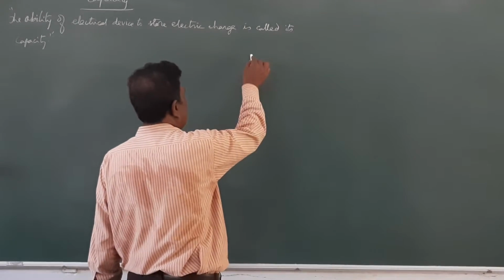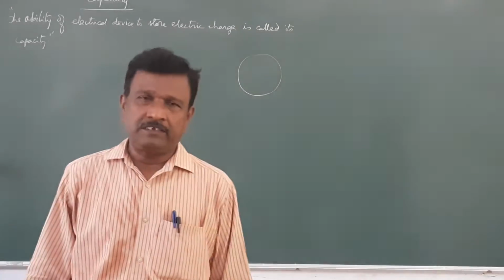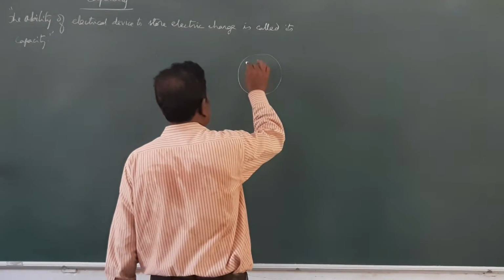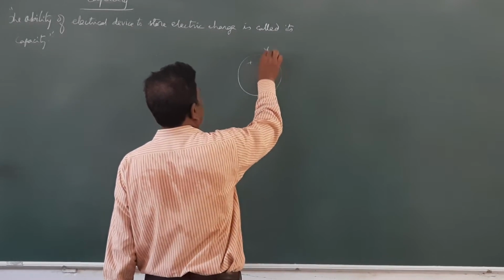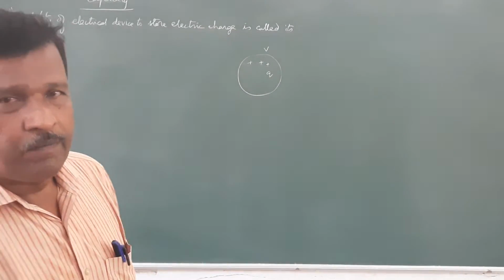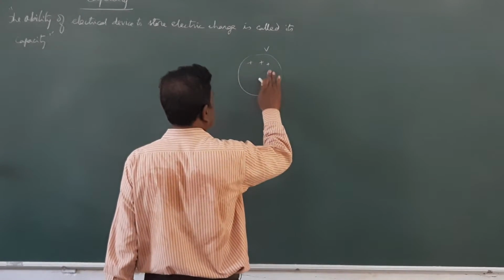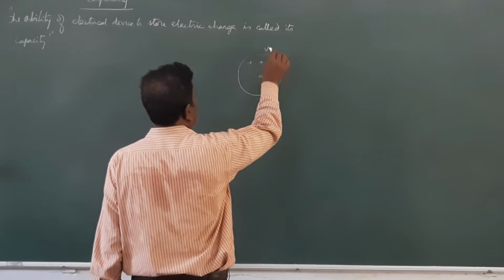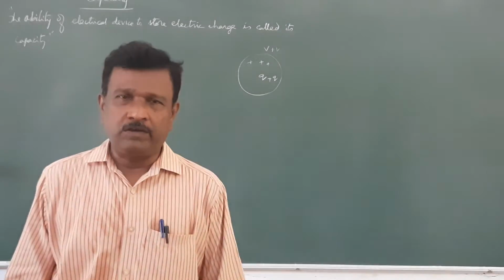Suppose you have a conductor like this. When a certain charge is given to it, then it acquires a potential. If we add some more charge, then the potential also increases to a higher value.